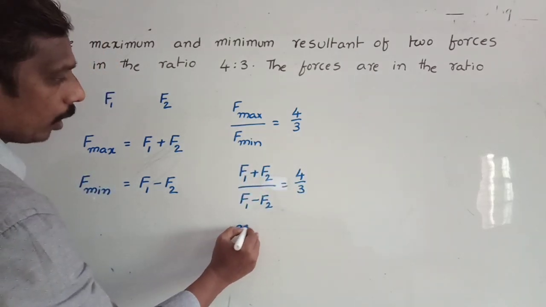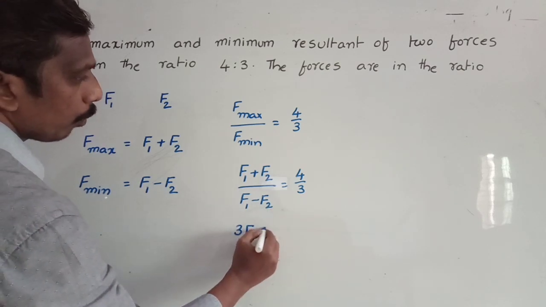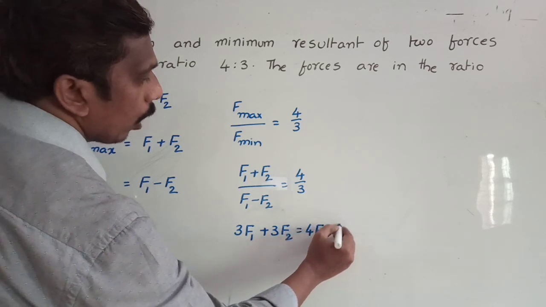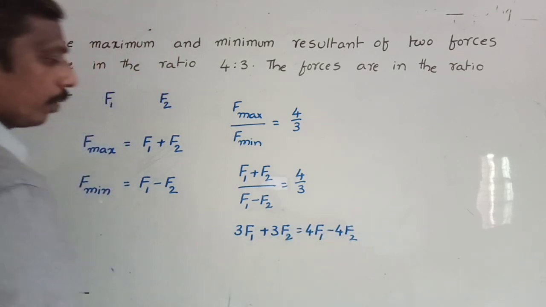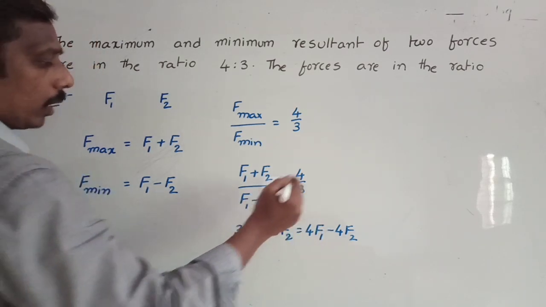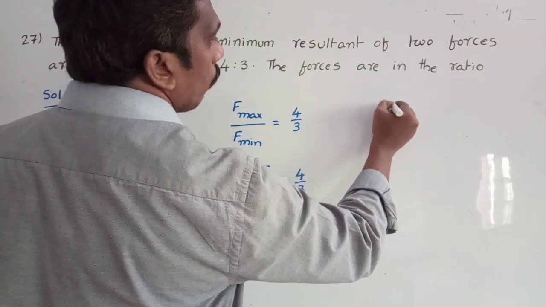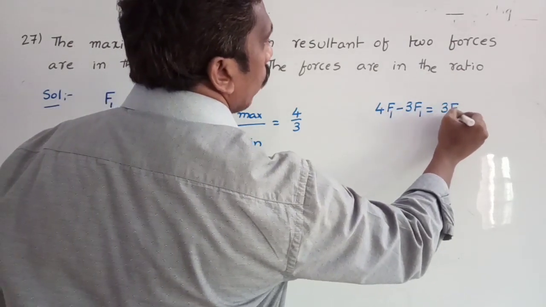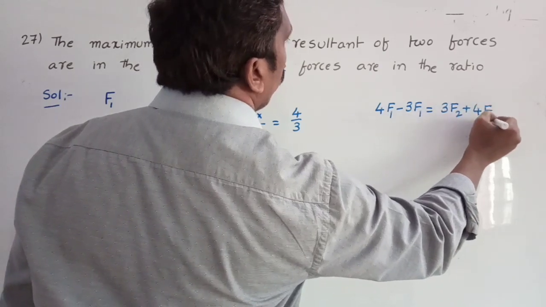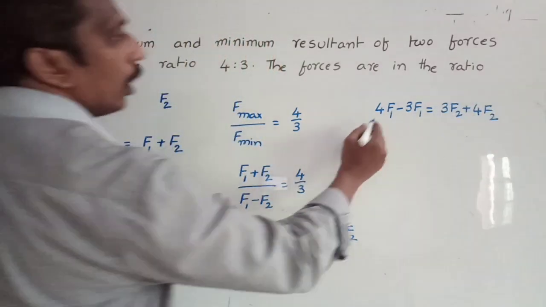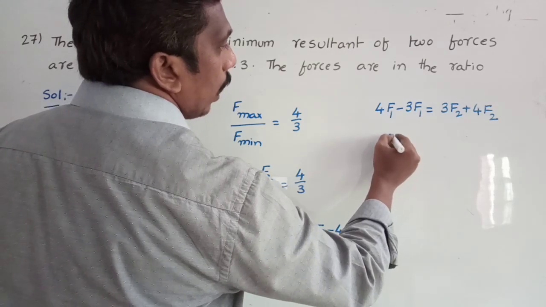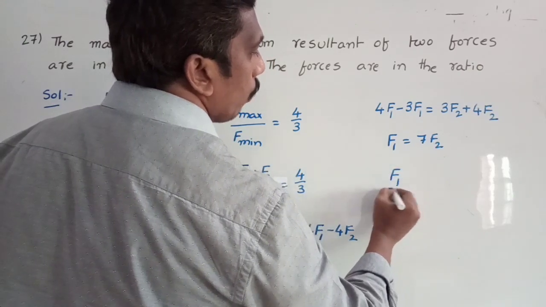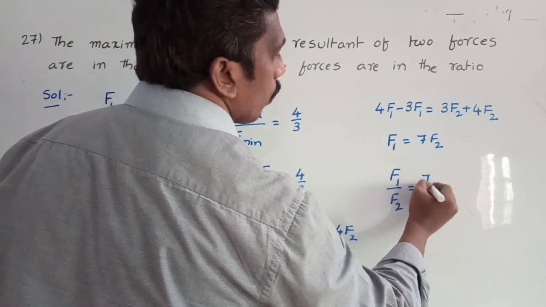Cross multiply, then we get 3F1 plus 3F2 is equal to 4F1 minus 4F2. 3F1 take that side, 4F2 take this side, then we get 4F1 minus 3F1 is equal to 3F2 plus 4F2. Then 4 minus 3 F1 is equal to 7F2. From this we can get F1 by F2 is equal to 7 by 1.